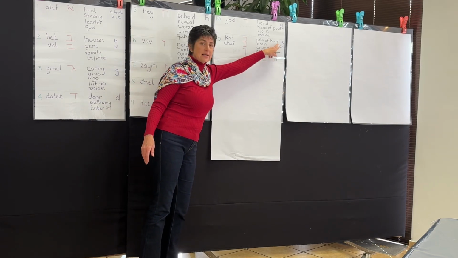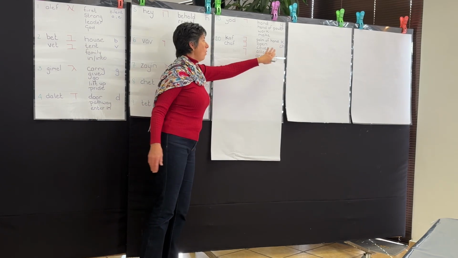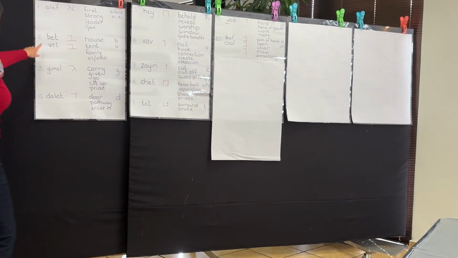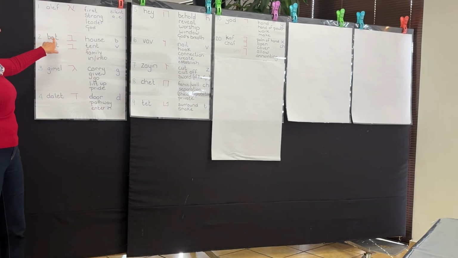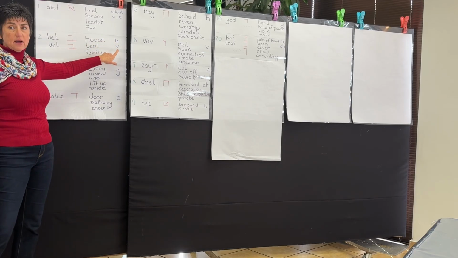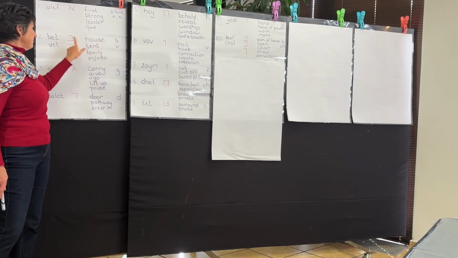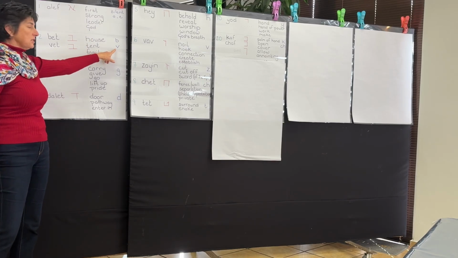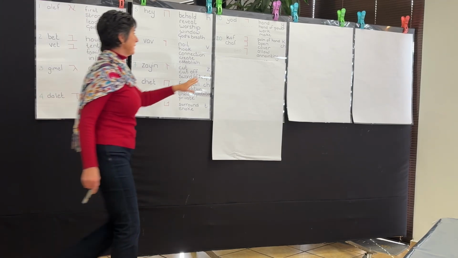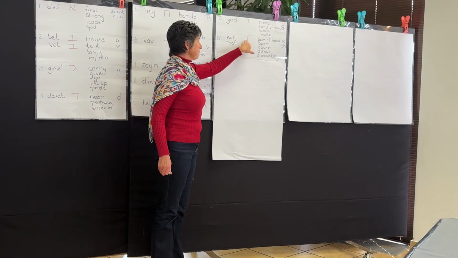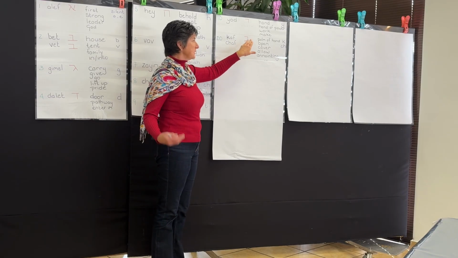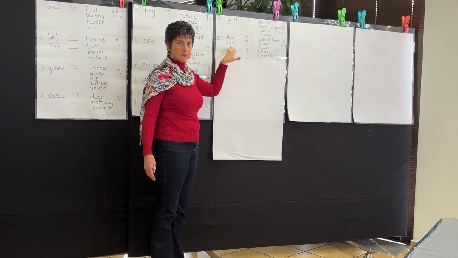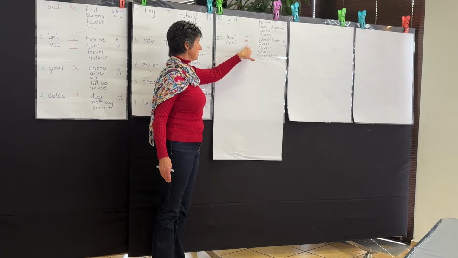It's got a ka sound, or if it's the soft one, remember when we had bet and vet, ba and va, a softer sound. If it had the dot, it was a ba. If it had no dot, it was a va. So similarly here, we've got kaf with a dot, a harsher sound, and khaf, a softer sound.